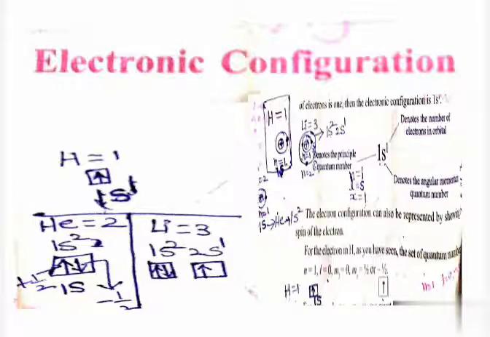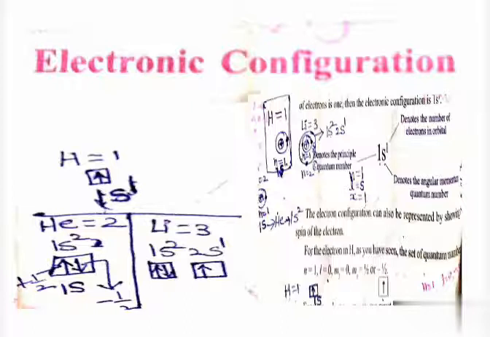How can we arrange the electrons in those orbitals? Hydrogen has only 1 electron, helium has 2 electrons, we arranged them easily. But for elements with more electrons, to know the arrangement of electrons in the orbitals, we need to know 3 principles.